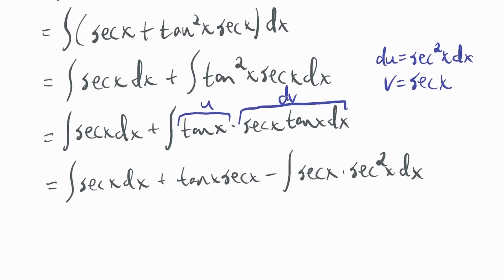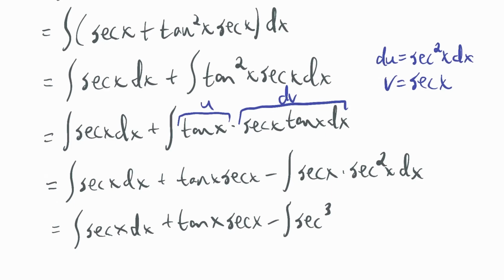Let me rewrite this and see what we've got here. So the integral of secant x, and some of you might be picking up on what's going on with this, plus tangent x secant x minus the integral of secant cubed x dx.